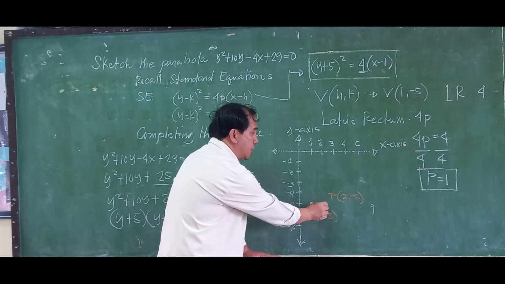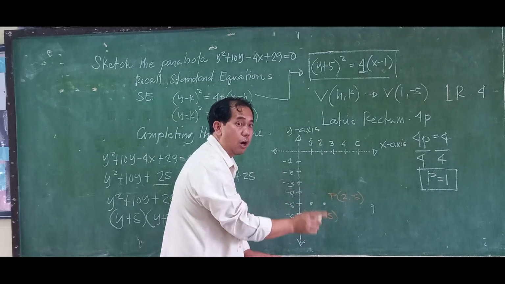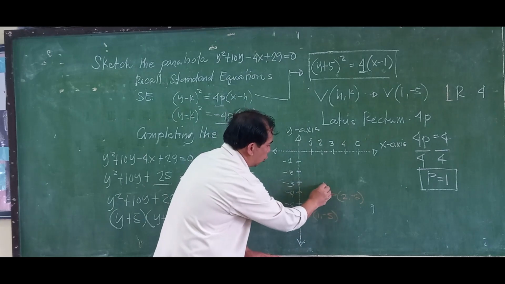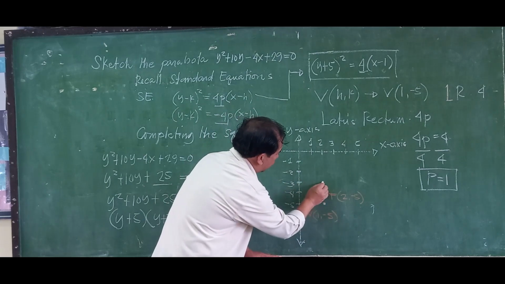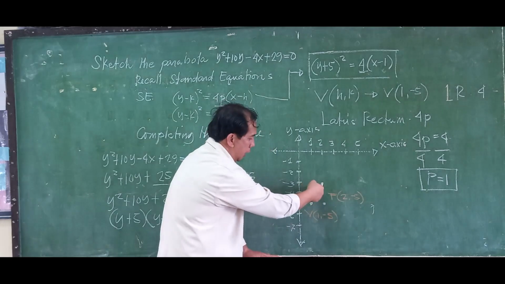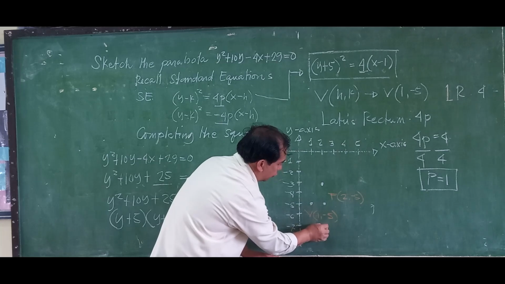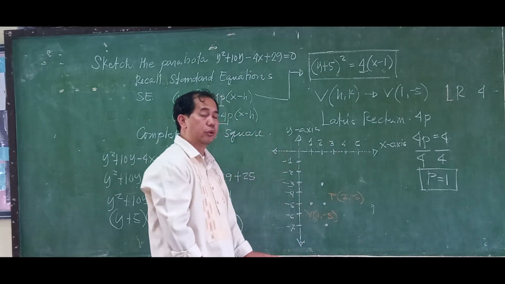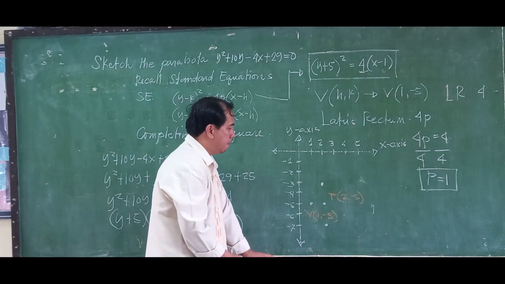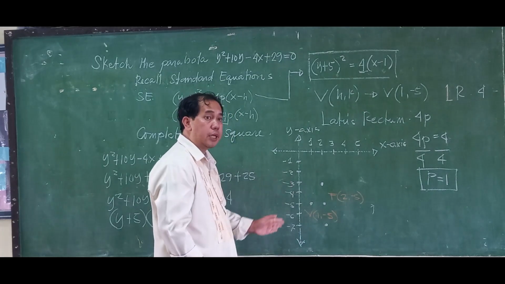That is our basis in counting upward and downward from the focus. So that is 1, that is 2. So one of our endpoints is located in here, and another point is located in here, 2 units below the vertex.